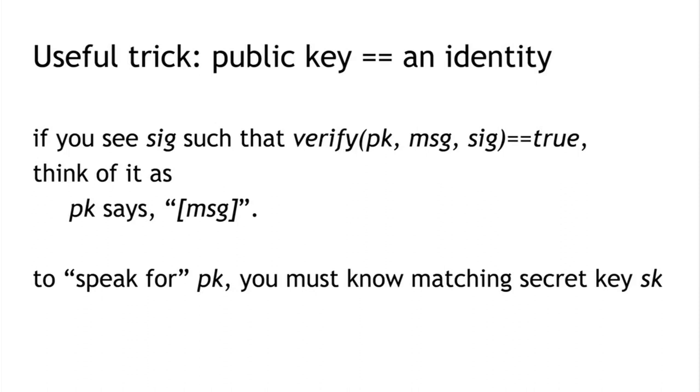And for someone to speak for PK, that is, to make statements that will be seen as coming out of PK's mouth, you have to know the matching secret key, SK. If you know the secret key that corresponds to the public key PK, then you can sign messages with that secret key, and what you're doing essentially is making statements on behalf of that public key.